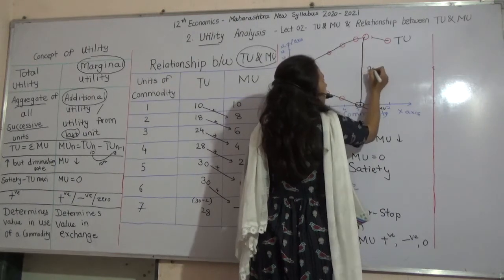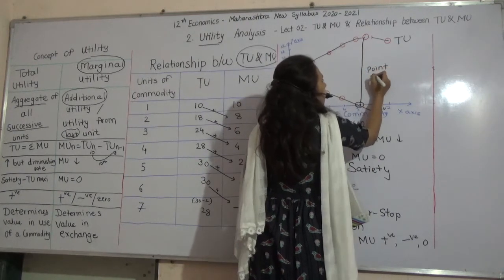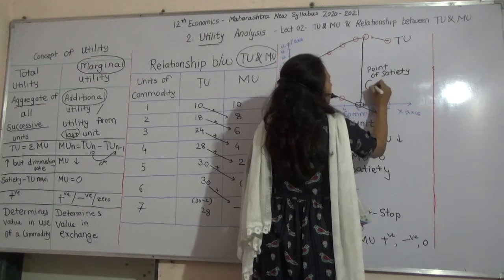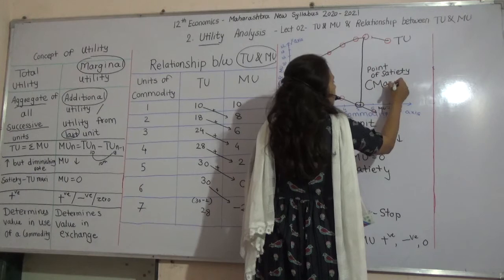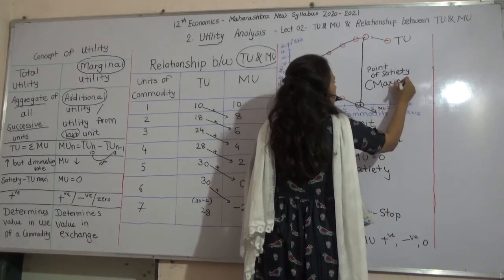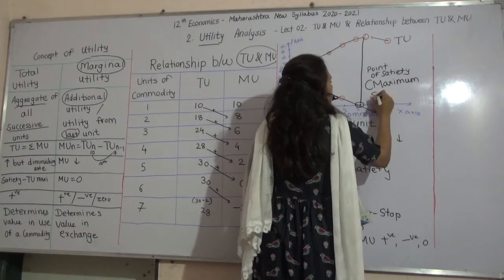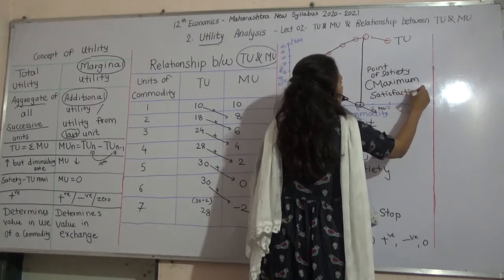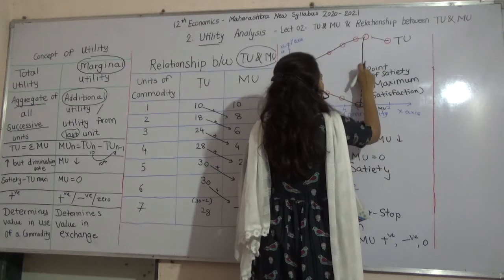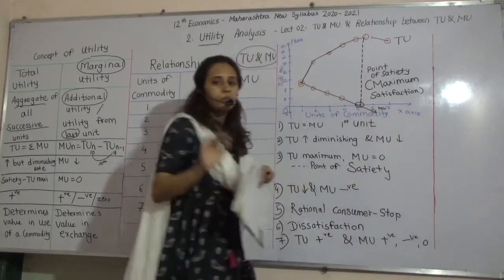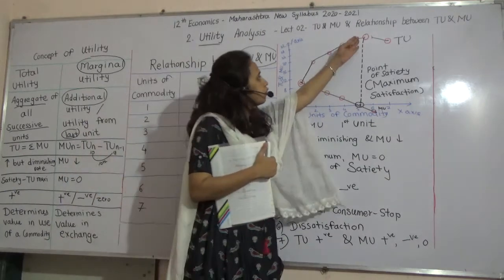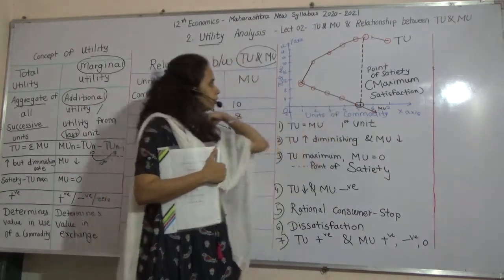That point is called the point of satiety. That is maximum satisfaction. Okay. When you draw with the scale, you will get exactly 2 points in the same line.